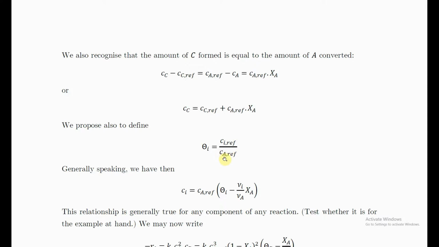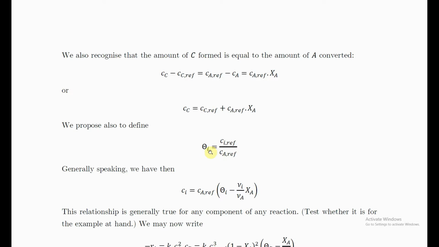We could pick any component that participates in this reaction. In this case, we often pick the reacting component, and sometimes we can identify a kind of primary reacting component. So we define our theta in terms of some chosen component. And so don't stress too much about this choice, but we can choose any basis component for defining our theta.